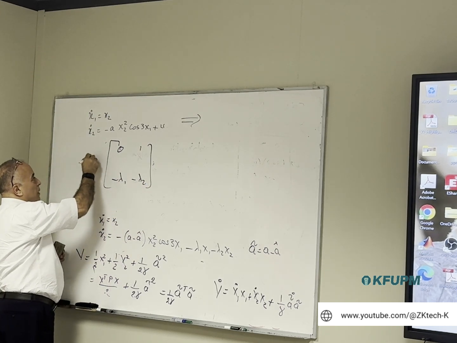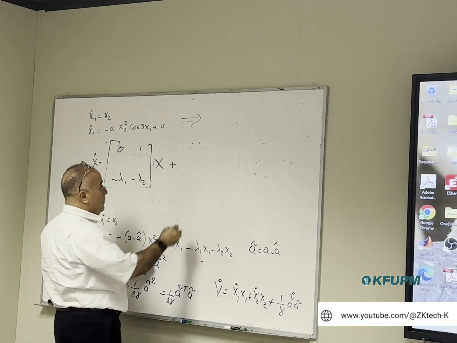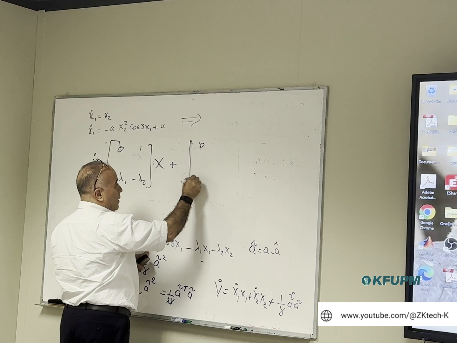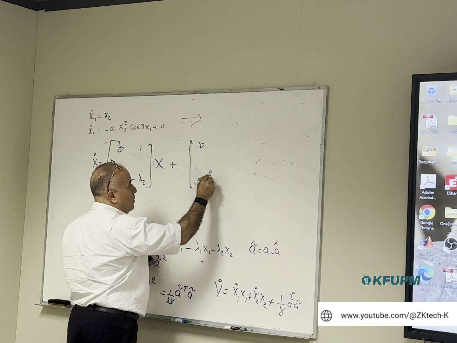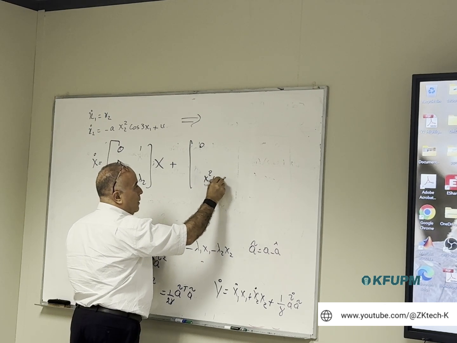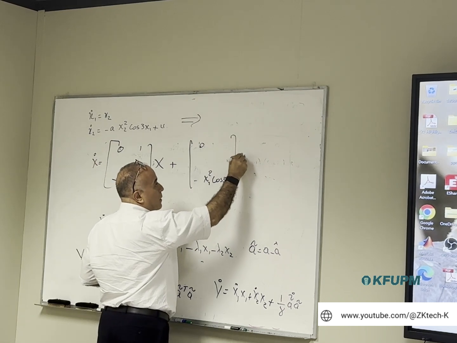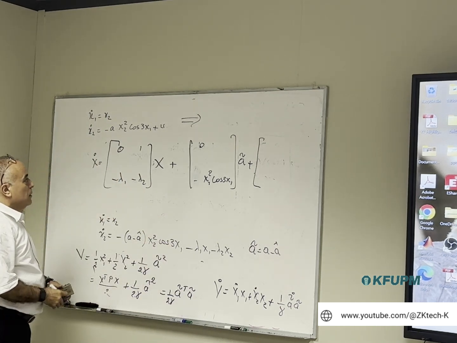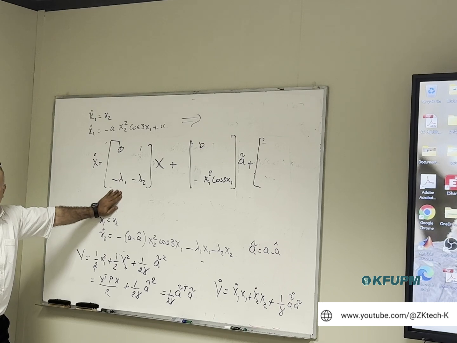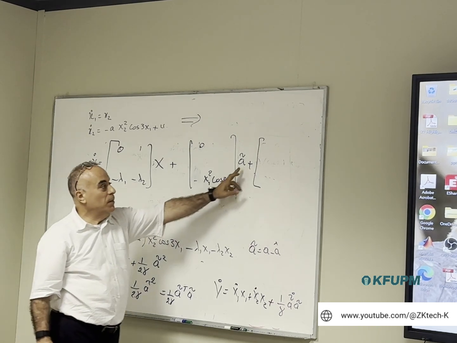Like this, x1 prime is equal to this times x plus this term multiplied by A tilde, so it will be 0, 1, A tilde, or minus A tilde, times, I will put A tilde outside, x2 squared cosine of 3x1, and then I will put here minus A tilde plus B, which is 0, 0, 1, there is no B. So this is your A that will appear there in the dynamic, and this will appear there in the B, plus something that multiplies the nonlinear term, that multiplies A tilde.